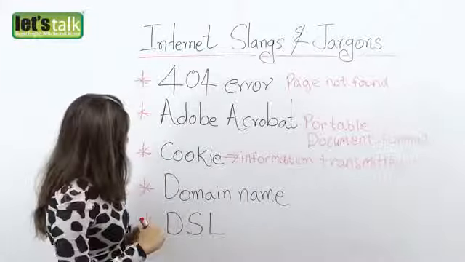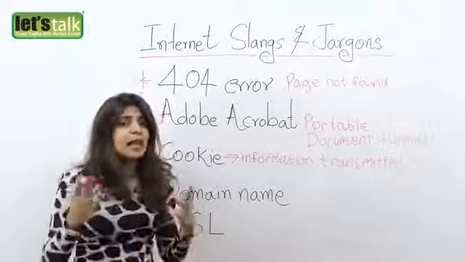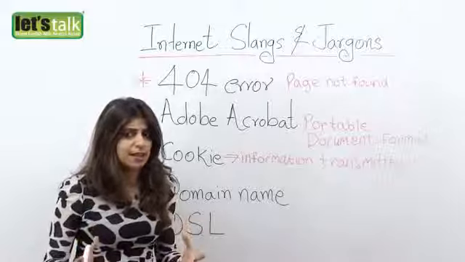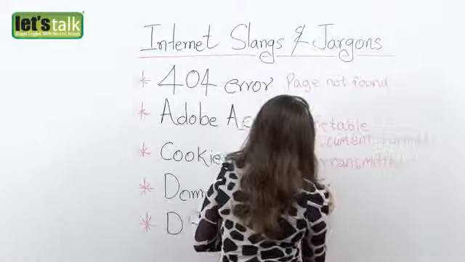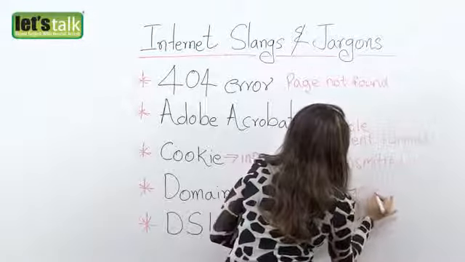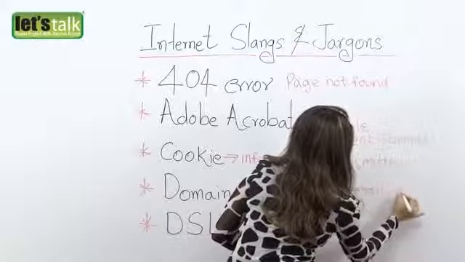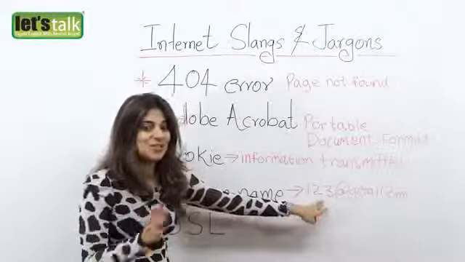Okay, then we have domain name. A domain name is like your internet address, your email address. Okay, for example, 123@gmail.com. Now remember, this is just for an example.